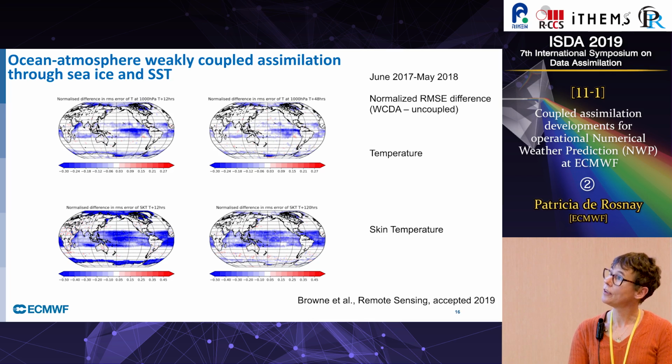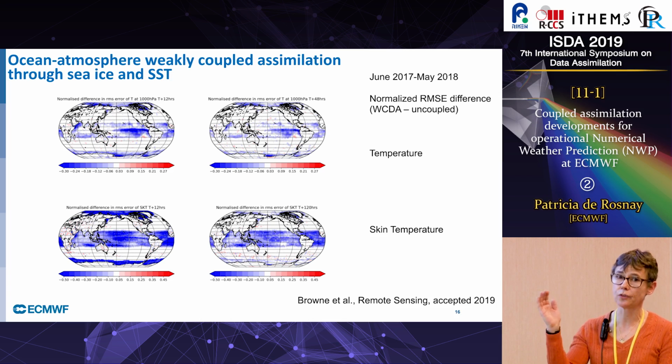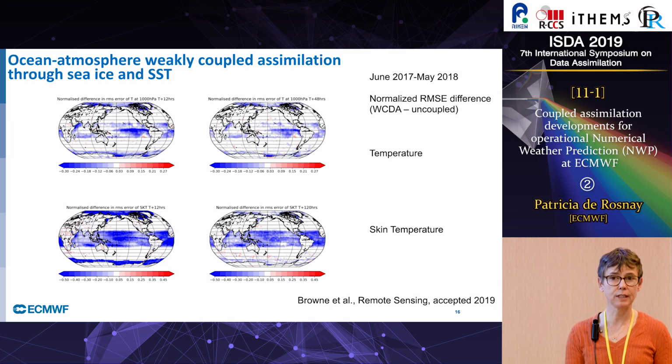Don't look at the right caption. So this is temperature, and we see that the improvement is clearly located on the eastern side of the ocean. And this is where we have quite cloudy conditions, and where we expect that using the Ocean 5 SST is useful, because the OSTIA product doesn't have a full visibility of the ocean sea surface temperature.